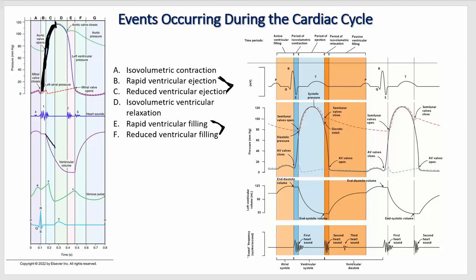Sorry, it squeezed the blood out, not filling. So anyway, you can go through this. I don't want to spend too much time on it, but it empties and then it fills again. And this breaks it down for each of these steps and what's going on at each of these phases, including the valves closing, which is causing the sounds that you hear when you listen to the heart.